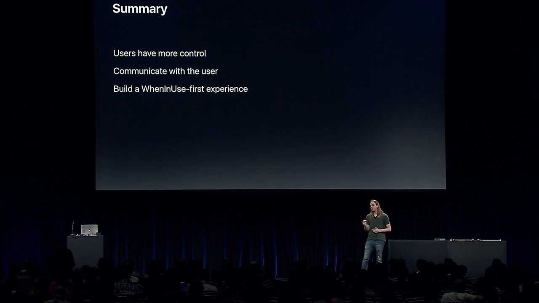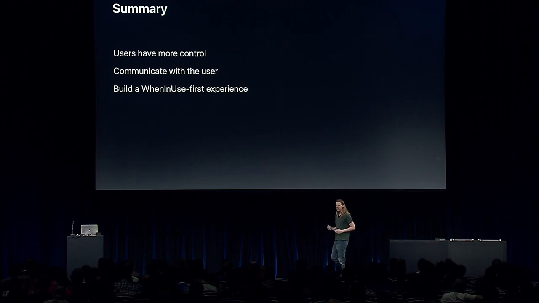But apps that request always authorization have an even greater responsibility. If the user doesn't understand why your app wants access to always authorization, then they're not likely to grant it to you. They're likely to give you when-in-use authorization instead. So you have that greater responsibility if you want to receive always authorization.